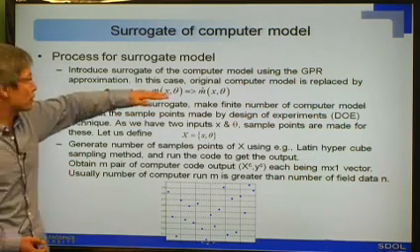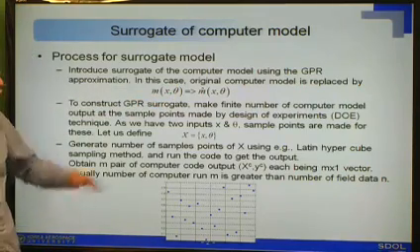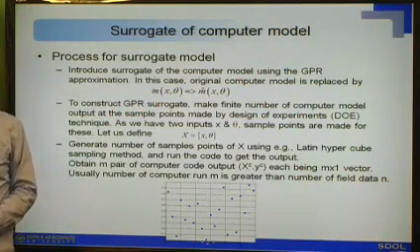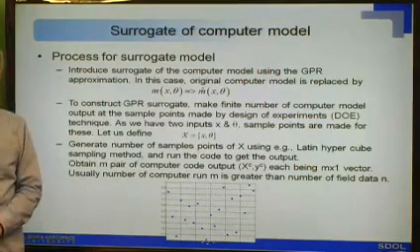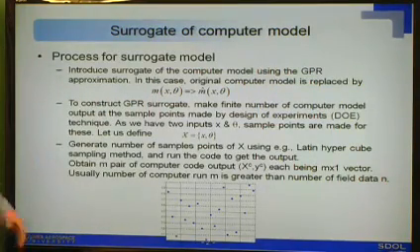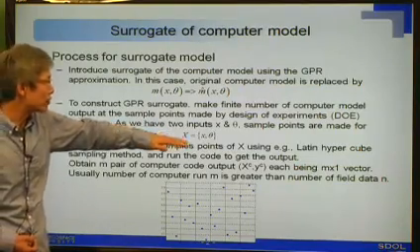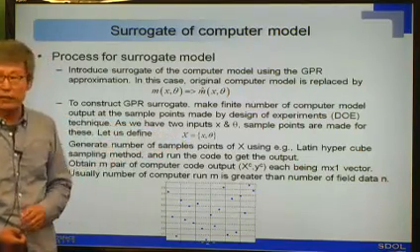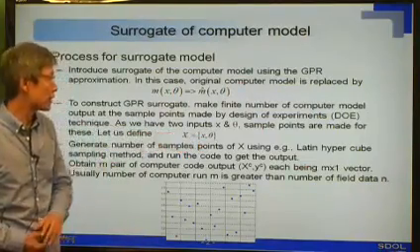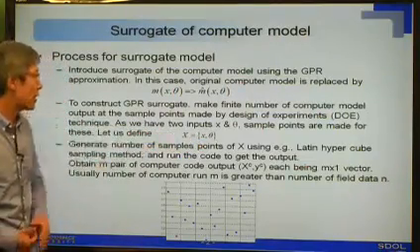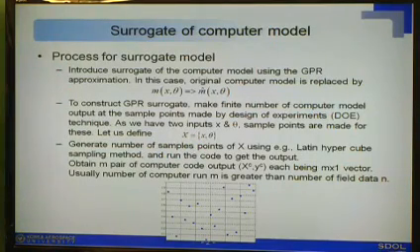In this case, we have two inputs. One is the original input variable x. The other is the calibration parameter. From this time, I will introduce uppercase X, which includes the lowercase x and the theta. For these input parameters, we generate a number of sample points using any technique.